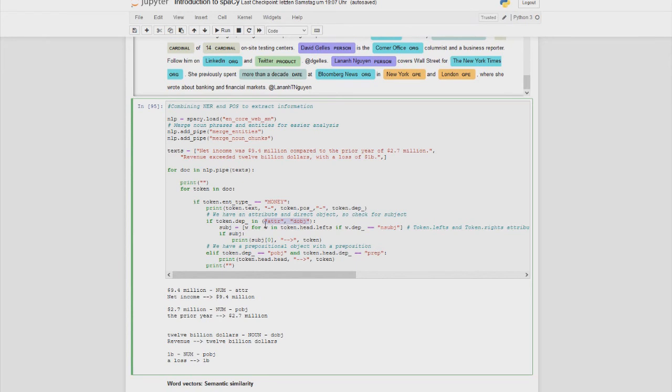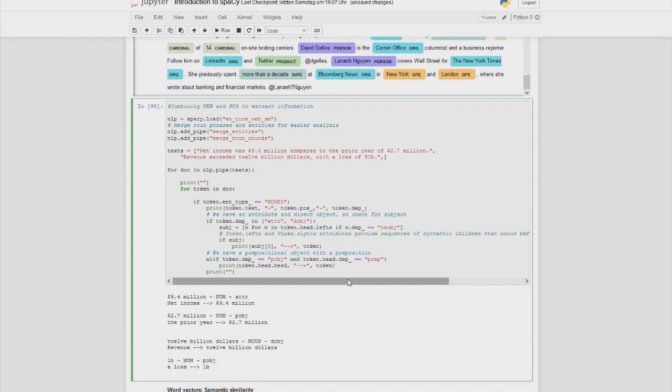And then I basically look for the tokens that are governing our money token. So in this line, I'm now moving left from the head token of our money token with this command .lefts.